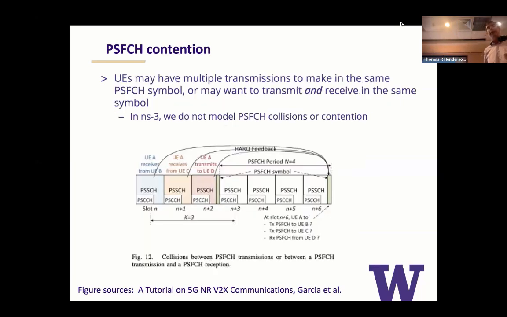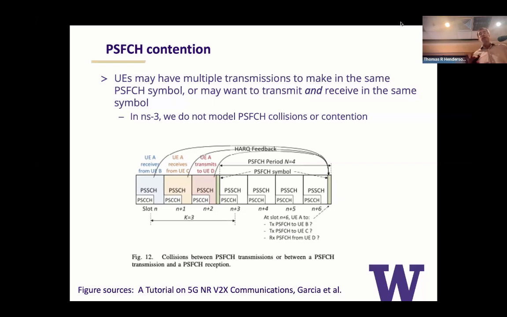There's a possibility of contention on this channel. Contention can occur if there's multiple transmissions to make in this PSFCH symbol, or it might want to transmit and receive on the same symbol. So it may have received some traffic and want to send feedback, but it also may have sent traffic and want to listen for feedback.